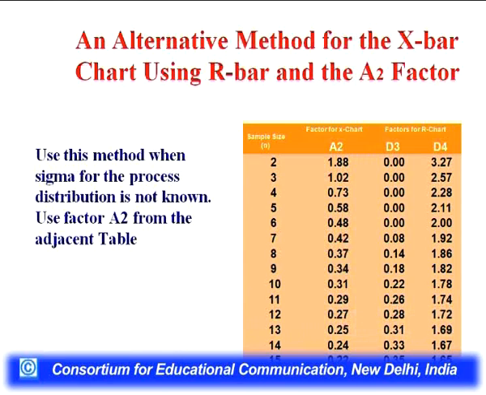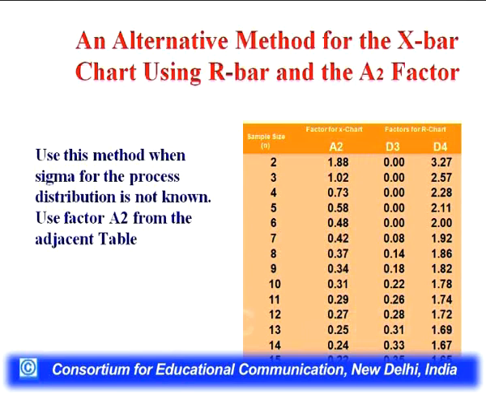In this slide, an alternative method is explained, where we make use of factors like A2, D3 and D4. Use this method when sigma for the process distribution is not known. Use factor A2 from the adjacent table, which gives 4 columns.